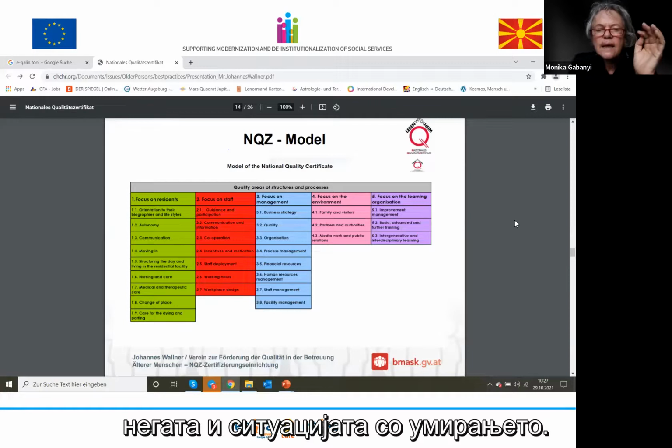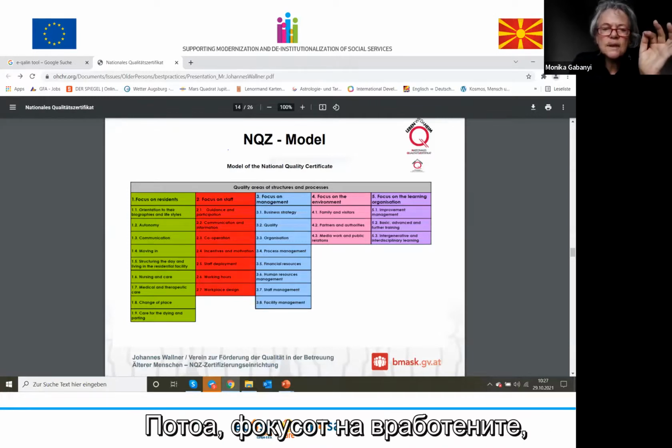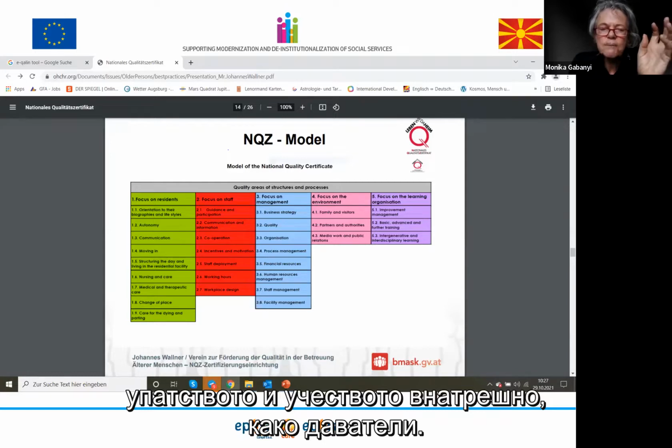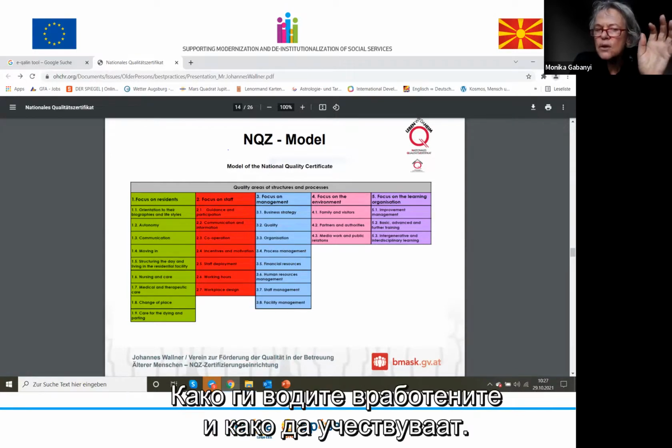Then the focus on the staff, the guidance and participation internally as service provider. So how you guide your staff, how they can participate.